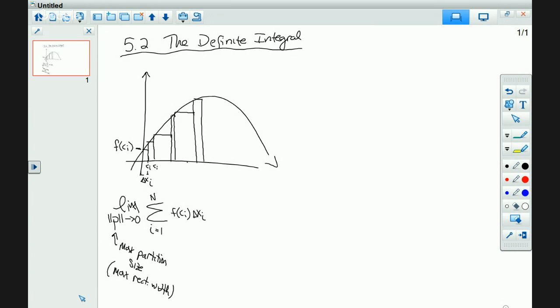Right? So we have the same situation as yesterday, we just have to state it differently because of a different situation. So we're taking the sizes of these all to 0. And we're going to have an infinite number of rectangles that are 0 wide. And we have an integral. Okay. So this is actually the definition of an integral.